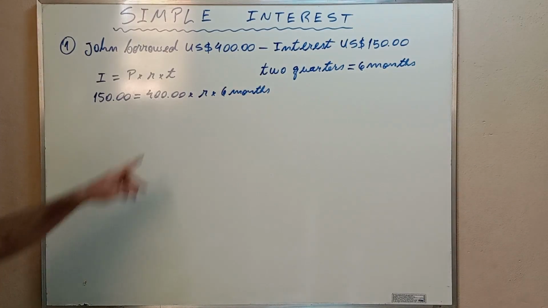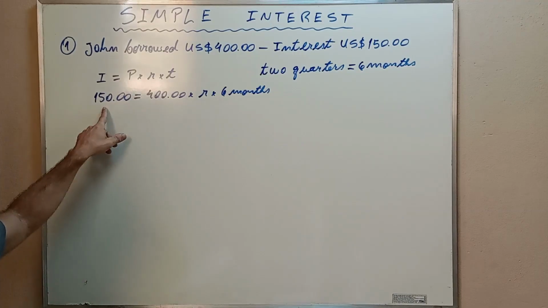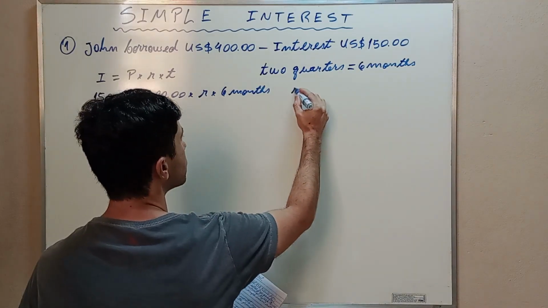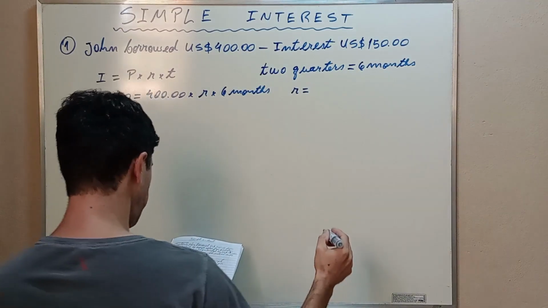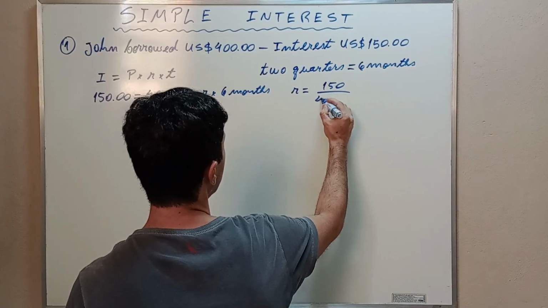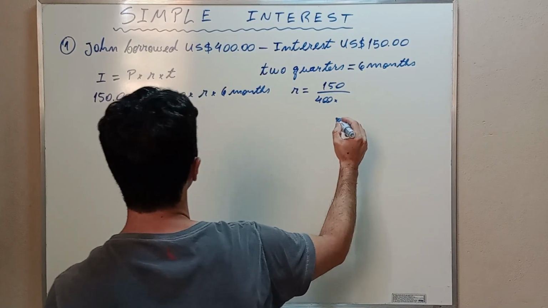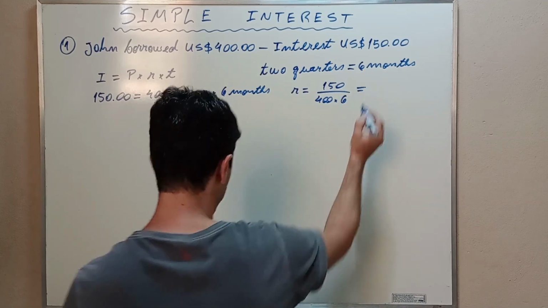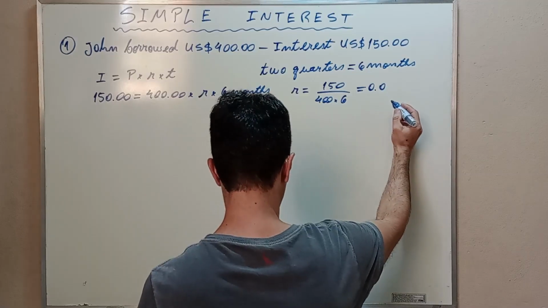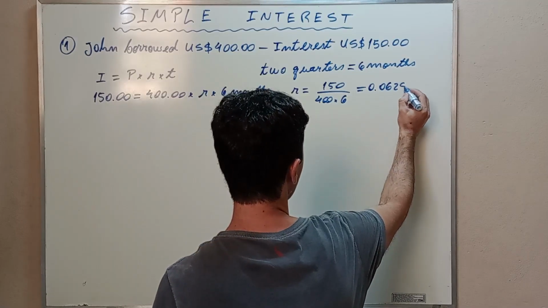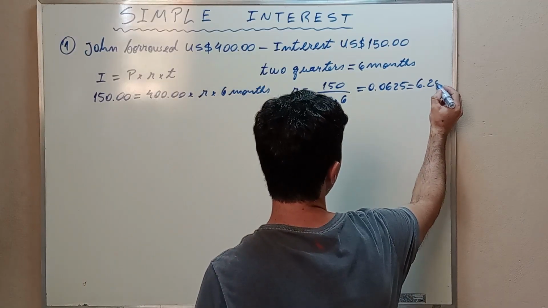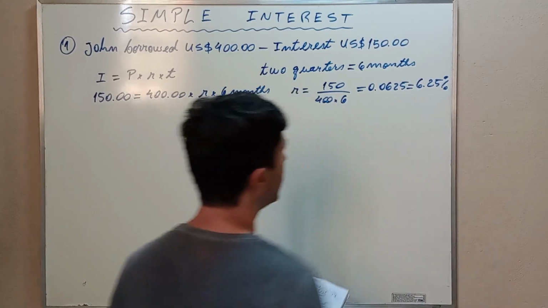Okay, we pass this and this, dividing 150, then we find R is equal to 150 divided by 400 times 6, and this is equal to 0.0625, which is equal to 6.25%. Okay?